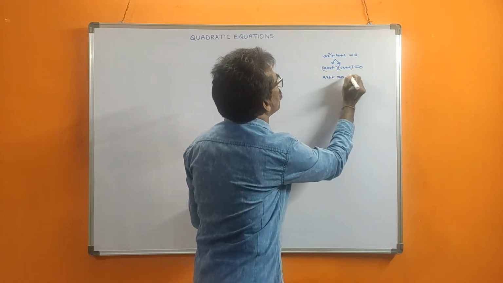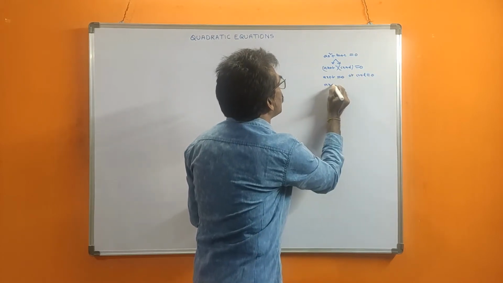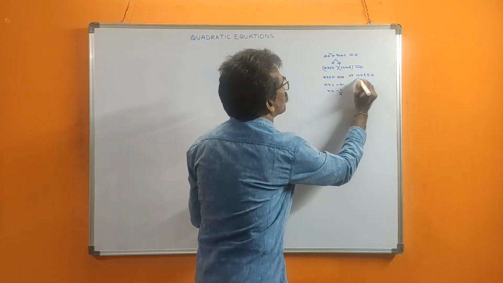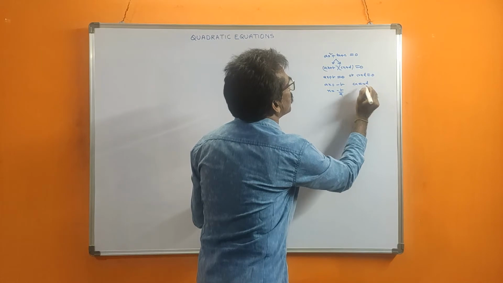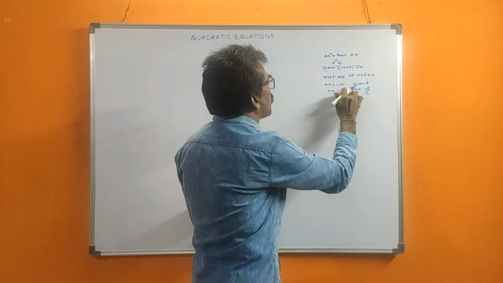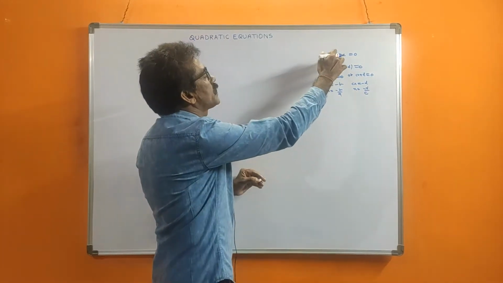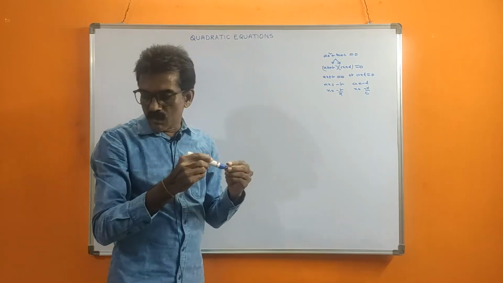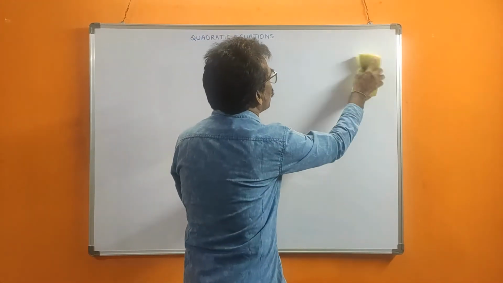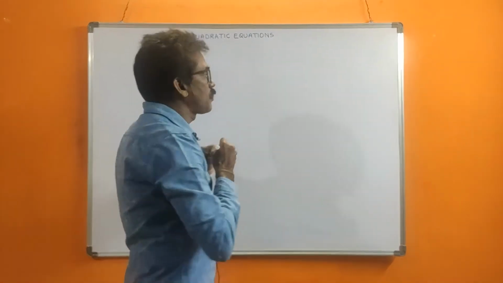So ax plus b is equal to 0 or cx plus d is equal to 0. By this ax is equal to minus b, x is equal to minus b by a, or cx is equal to minus d, x is equal to minus d by c. These are the roots of this quadratic equation. This is the factorization method. How to make factors, I will explain by a numerical example.